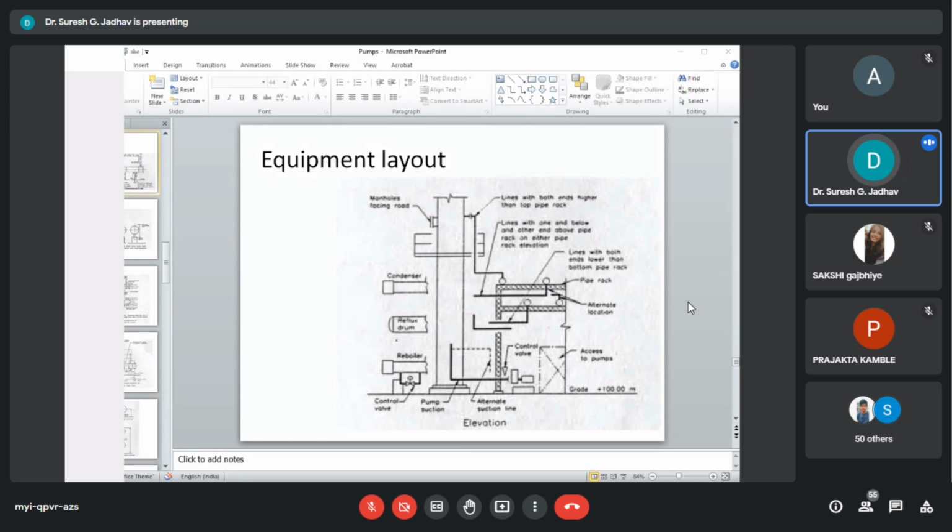Vertical reboilers are supported on the distillation column or adjacent to it at the same elevation.